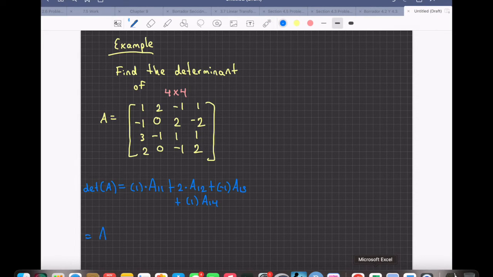And of course, this is going to be simplified to only the cofactor A11 plus twice the cofactor A12 minus the cofactor A13 plus the cofactor A14.